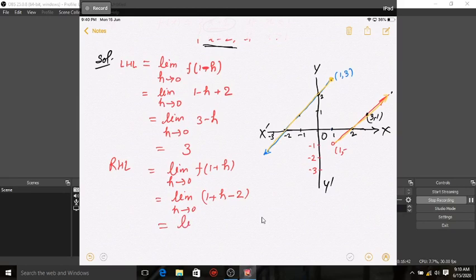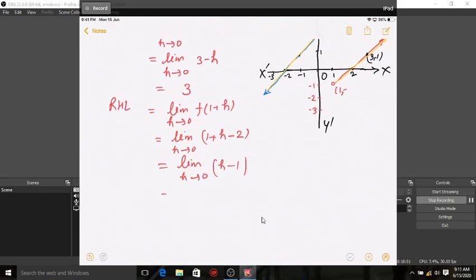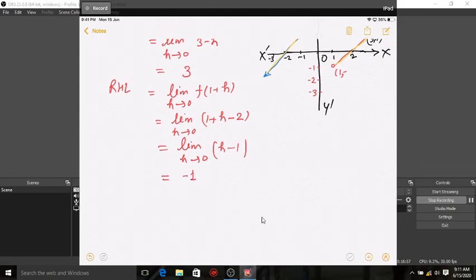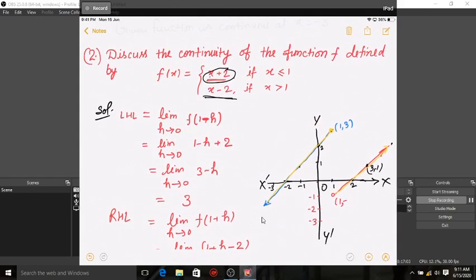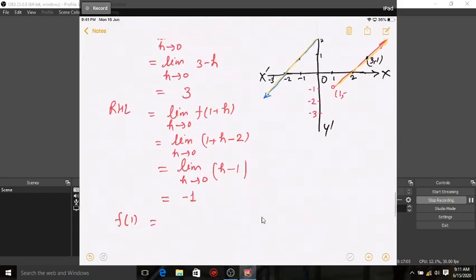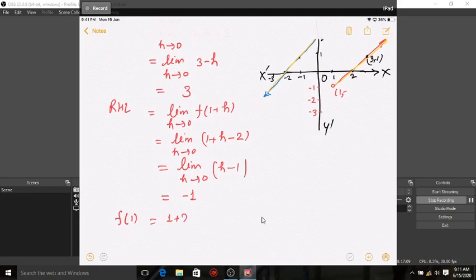Then we get limit h tends to 0 of h minus 1, because h tends to 0, so the value of the right hand limit is minus 1. Now the value of the function f(1), when x is equal to 1, we can use the expression x plus 2, so 1 plus 2, that is 3.